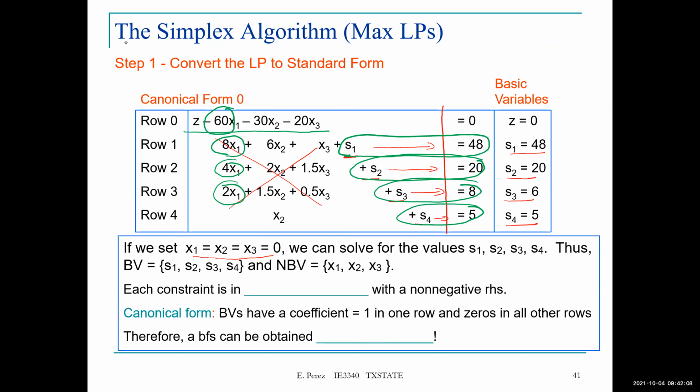And then we can solve for s1, s2, s3, and s4. And that will give us an initial solution. Simple for the case in which we have less than or equal constraints. So every time we have a problem with all the constraints less than or equal to, we can find an initial solution by just solving for the slack variables. So that initial solution is here, and then the objective function is 0.